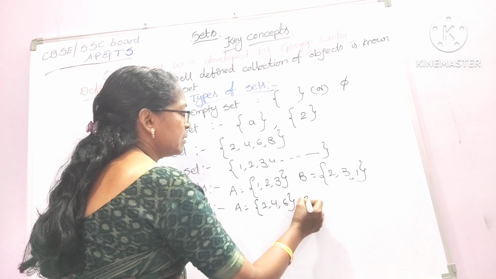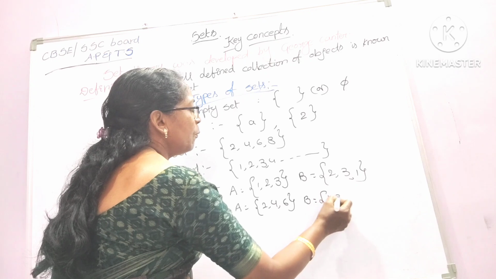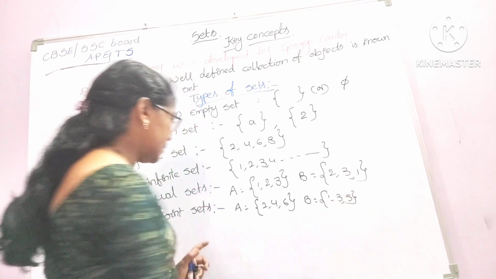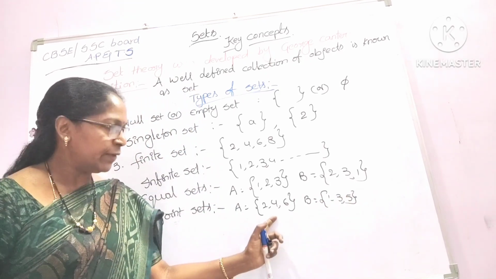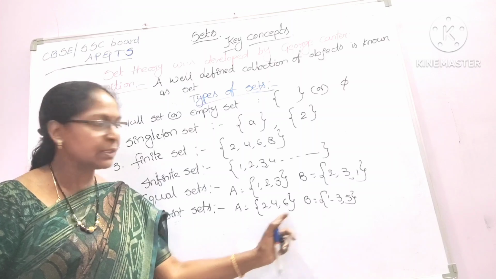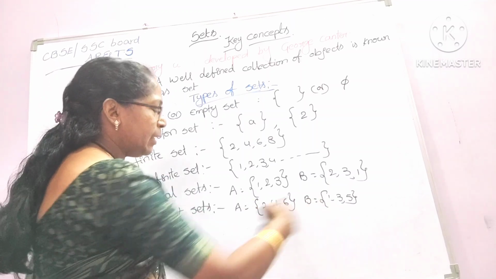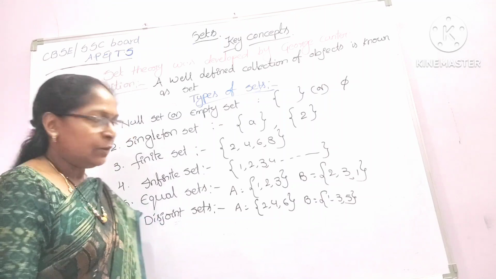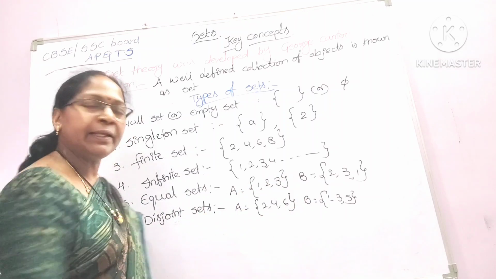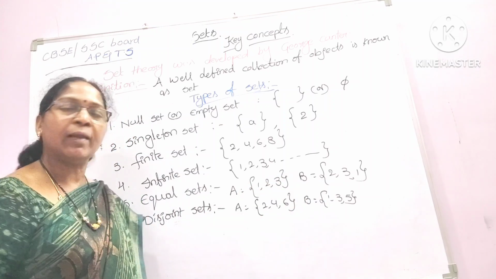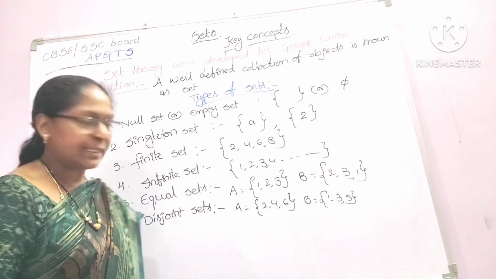These are the elements. And B equals {1, 3, 5}. In A, all three are even numbers. In the B set, three odd numbers are there. Is any common element there? No. No connection, no joint between A and B sets. So those sets we call disjoint sets.